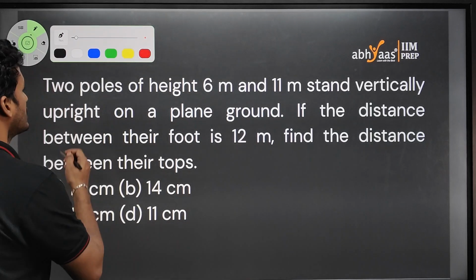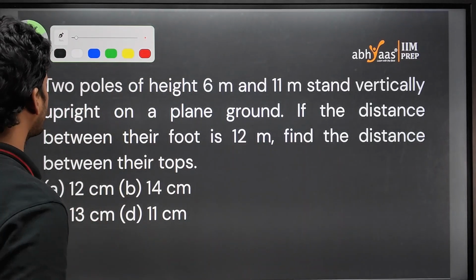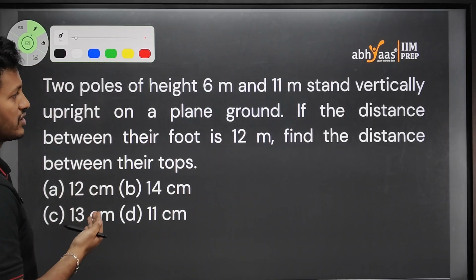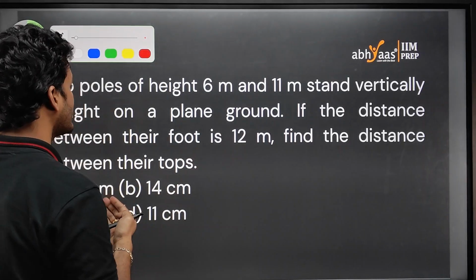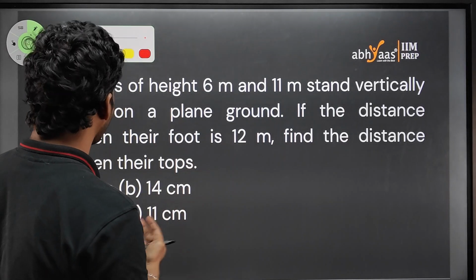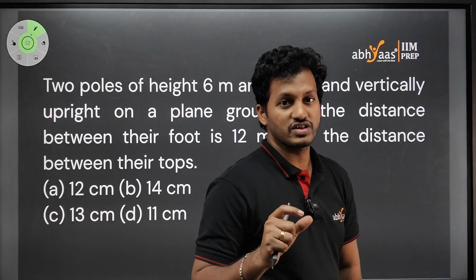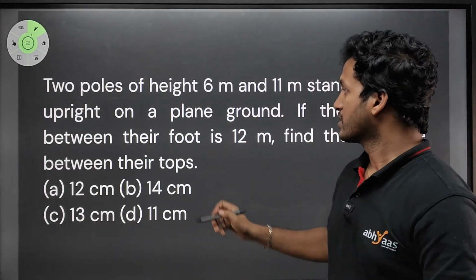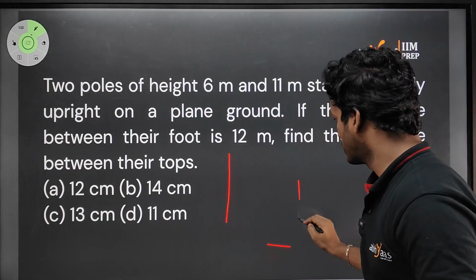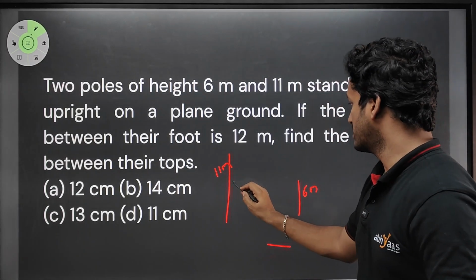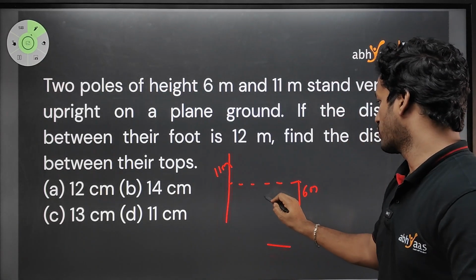See, for example, in this question: two poles of height 6 meters and 11 meters stand vertically upright on a plain ground. If the distance between their feet is 12 meters, find the distance between their tops. Although this question is very easy, one pole is 11 meters, another pole is 6 meters, and the distance between them is 12 meters.